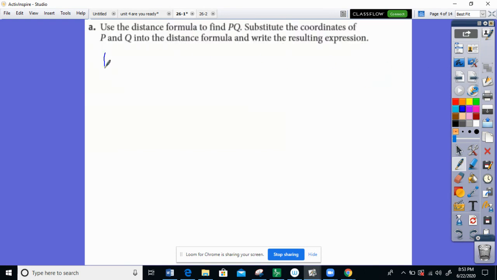So this is just going to be writing out the distance formula. It's going to be the square root of the difference of the x values squared plus the difference of the y values squared.